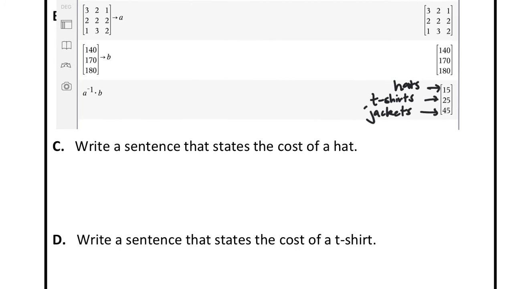Okay. So it says, write a sentence that states the cost of a hat. So a hat will cost $15.